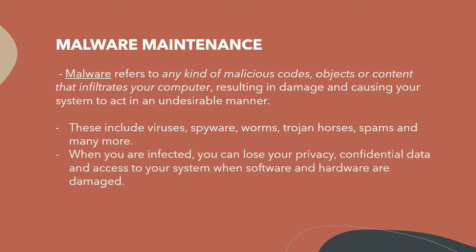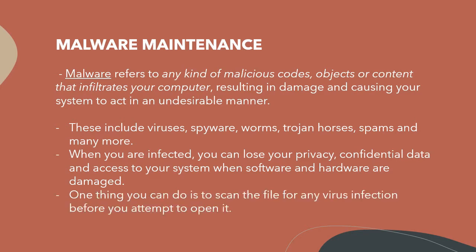When you are infected, you can lose your privacy, confidential data, and access to your system when software and hardware are damaged. So one thing you can do is to scan the file for any various infection before you attempt to open it. Make sure you have your antivirus software in your computer and it's updated.